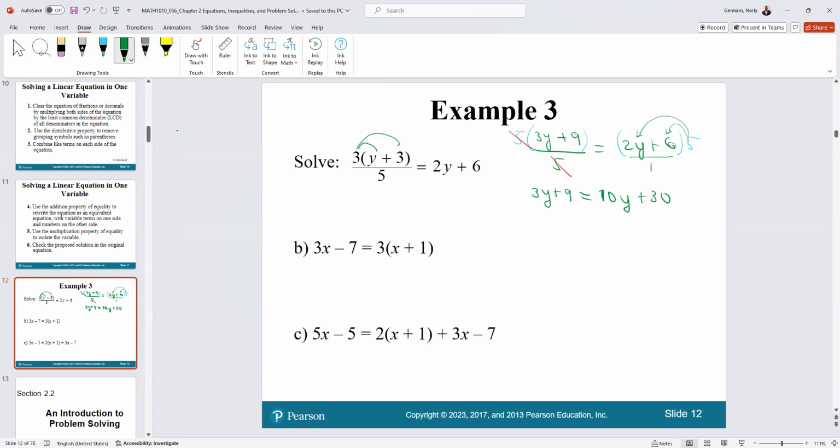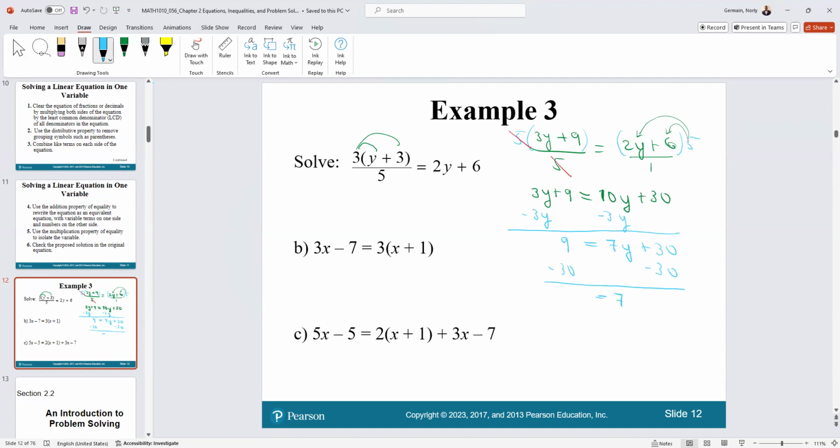Because the largest coefficient for y is on the right, I'm going just to get rid of the 3y on the left. So I'm going to subtract 3y from both sides. I end up having 9 equal 7y plus 30. Now, let's suppose we need to get rid of that 30. We subtract 30 from both sides.